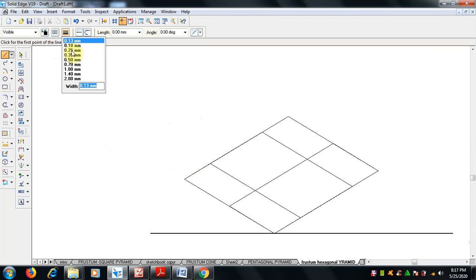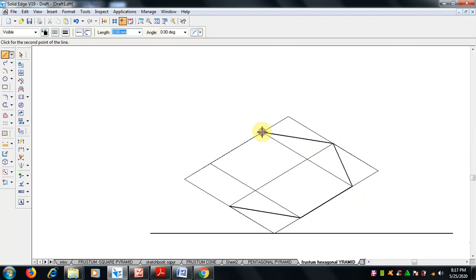So now draw with a 0.5 mm line thickness. This is the end point, and join here, end of this line, end of this line, draw from this end to this end and join with this end.